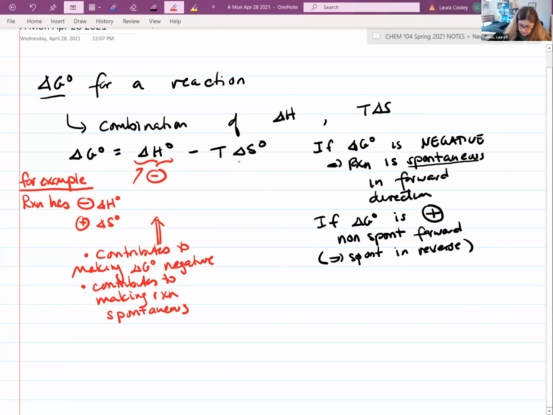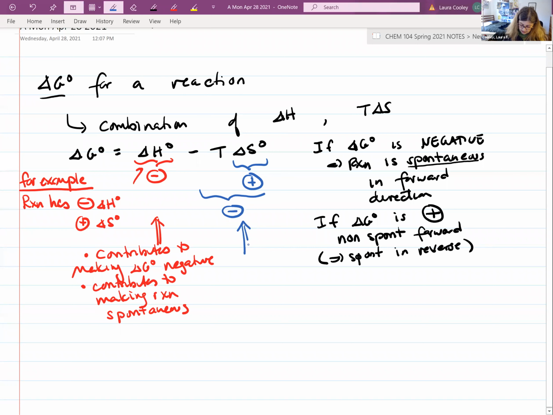But when we take a look at the delta S here, this does the same thing. If delta S is positive, that means that minus T delta S is negative.